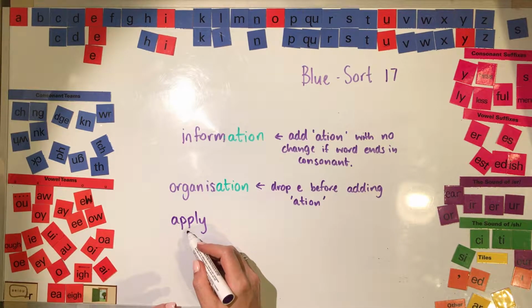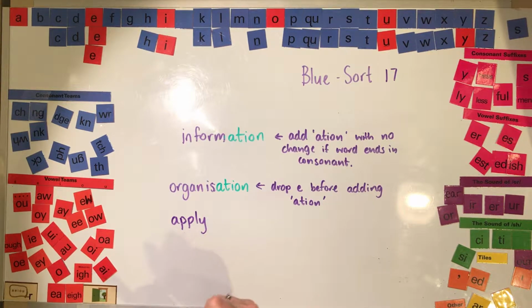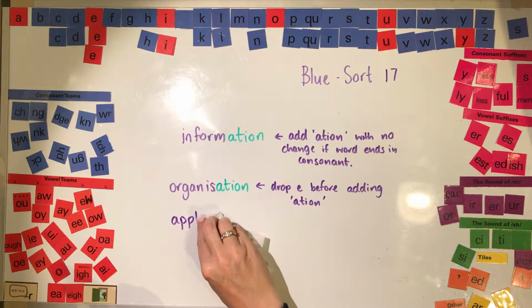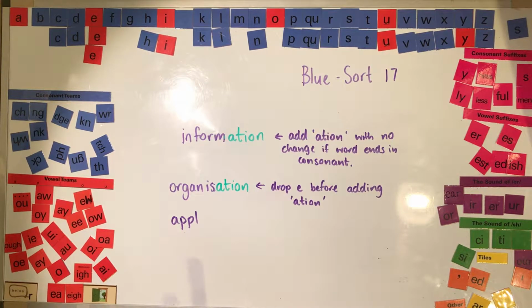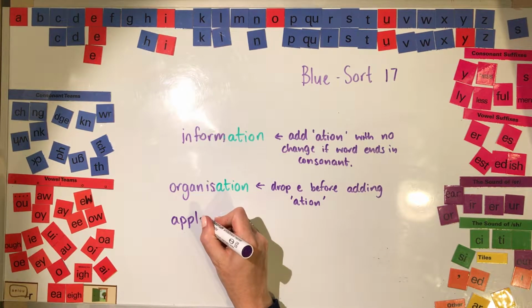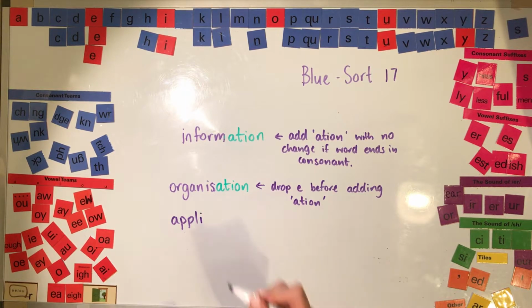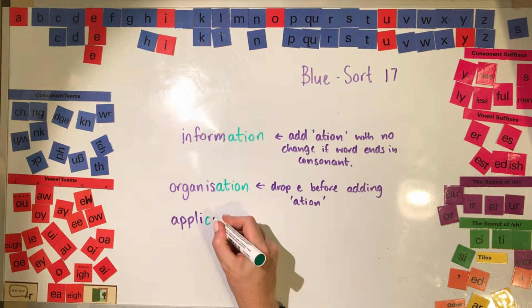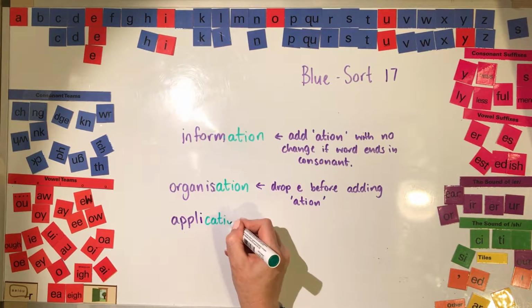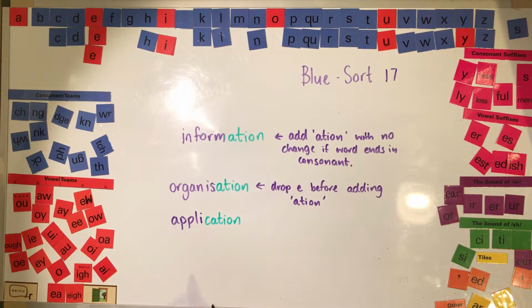Now, apply, we actually turn into a word. We drop the Y, and then we put an I in its place. So the Y goes away and an I comes to stay. And then we add cation. So apply turns into application.